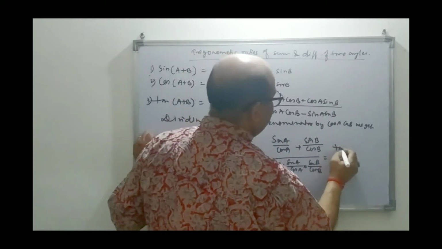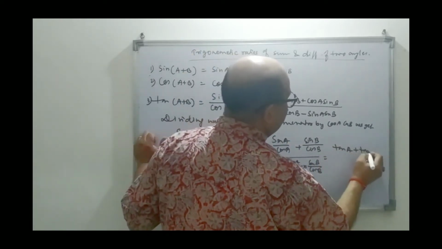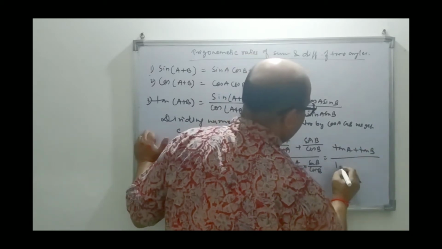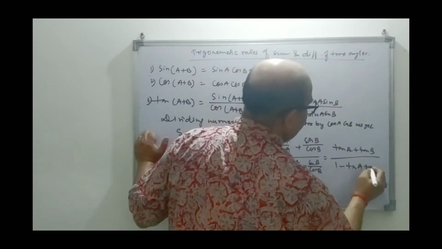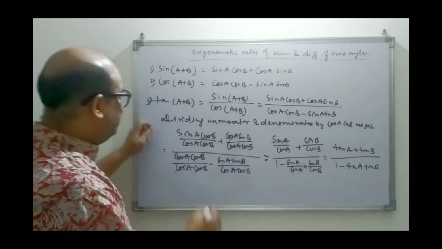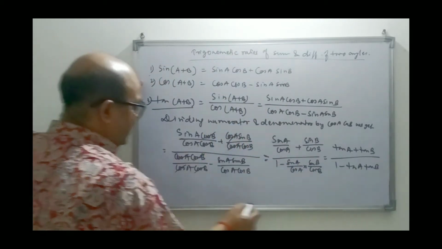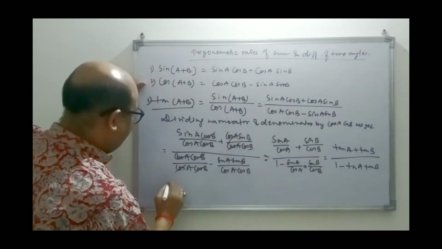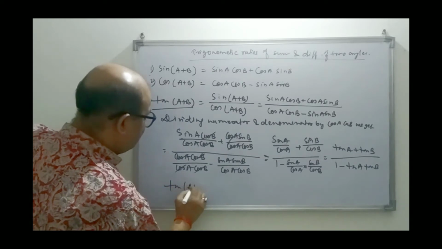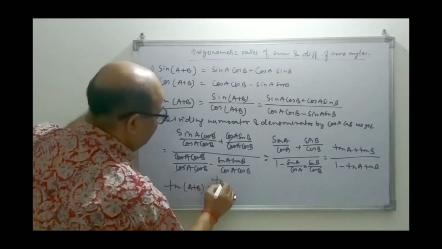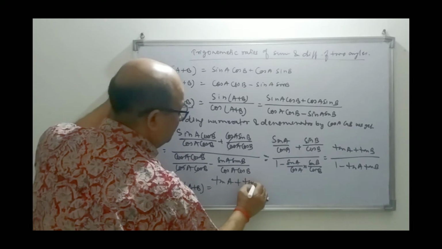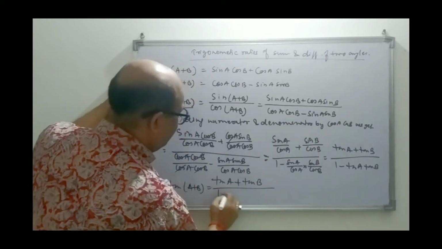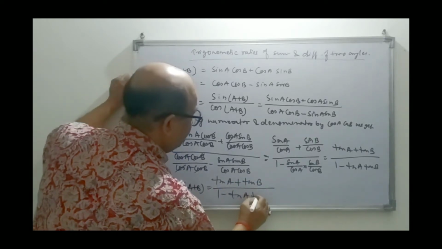This is tan A plus tan B upon 1 minus tan A tan B. So if you don't remember the identities, you can deduce like this. What you get here: tan(A+B) equals tan A plus tan B upon 1 minus tan A tan B.